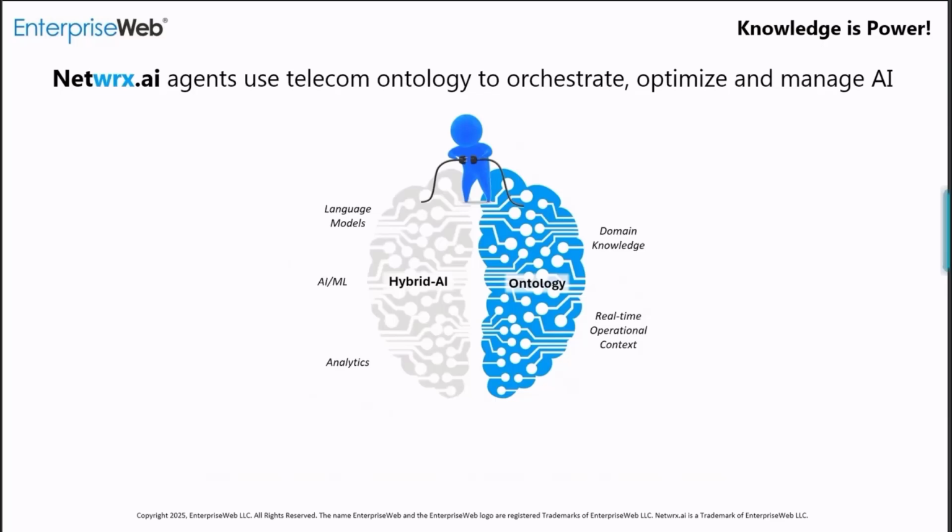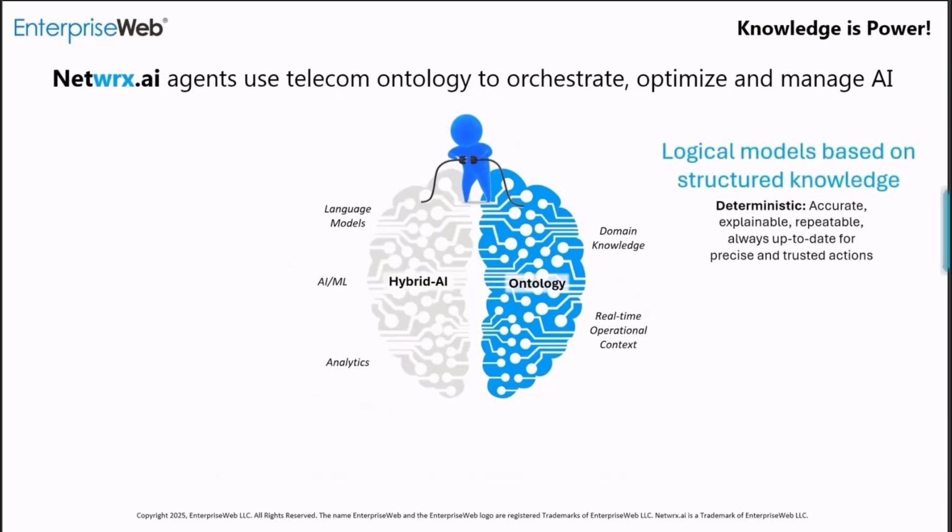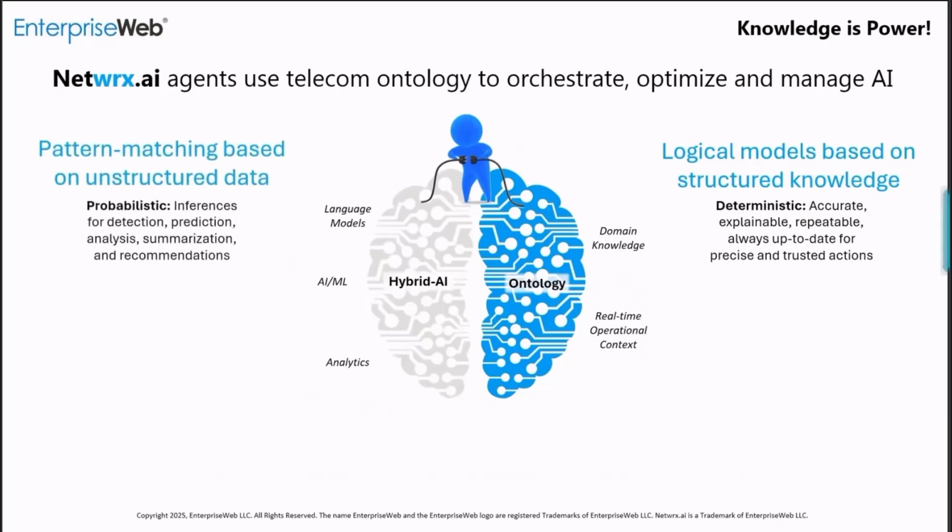So the agents use the Telecom Ontology to orchestrate, optimize, and manage AI. This is very different than GraphRAG, right? We're actually saying that the center of the architecture is the ontology, not the LLM. In fact, we don't think an LLM should ever be the center of our architecture. It's almost irresponsible.